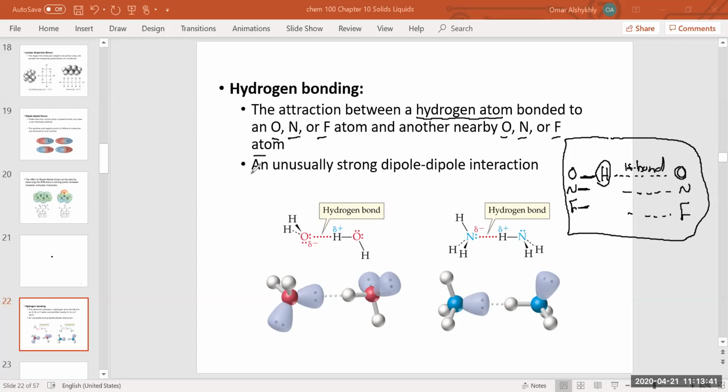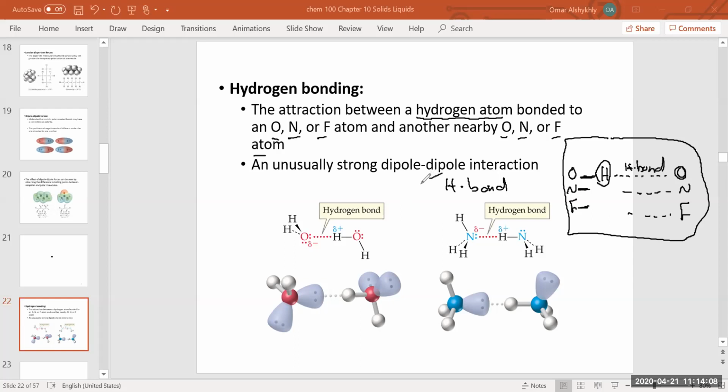How will you compare the hydrogen bond to other intermolecular forces? Hydrogen bond is considered also a dipole intermolecular force, but it's higher, stronger, because oxygen, nitrogen, and fluorine have a big difference in electronegativity with hydrogen.